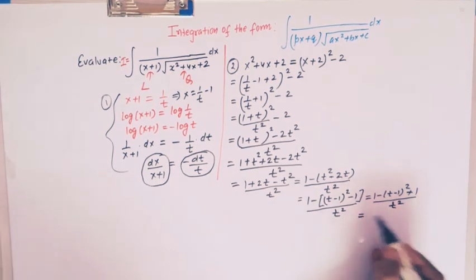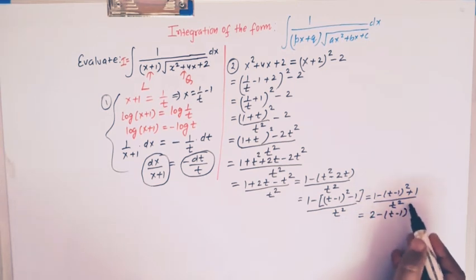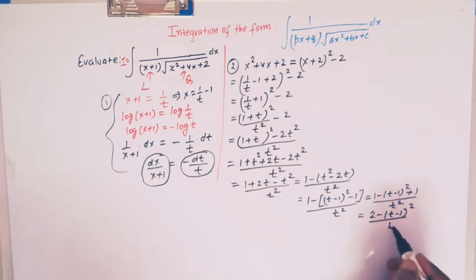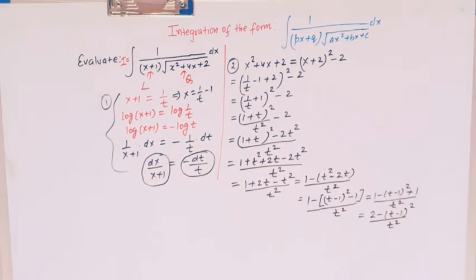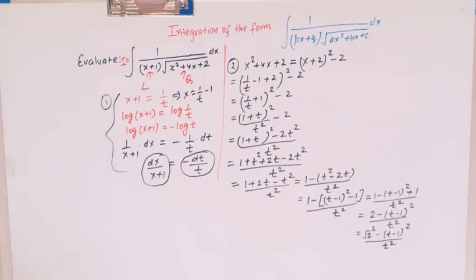So now 1 plus 1 is 2, and we have 2 minus t minus 1 whole square over t square, right? And this can further be written as square root of 2 square minus t minus 1 square over t square, right?